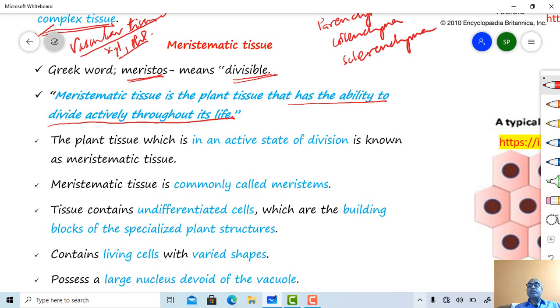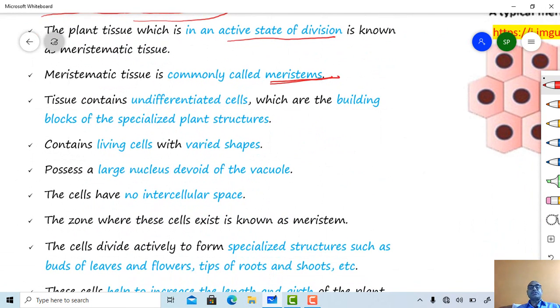So the meristematic tissue has an ability to divide actively throughout its life. The plant tissue which is in an active state of division is known as meristematic tissue, and these are commonly called meristems.